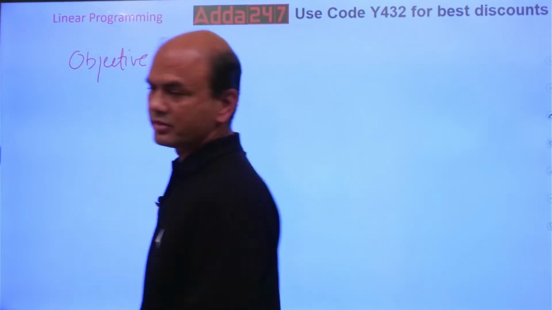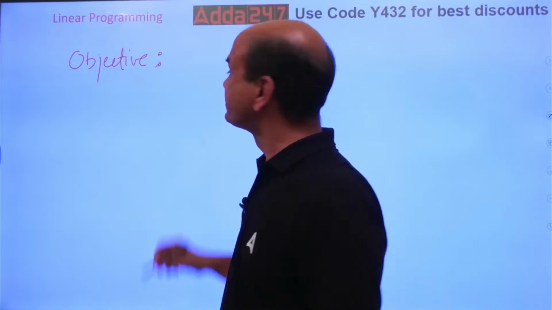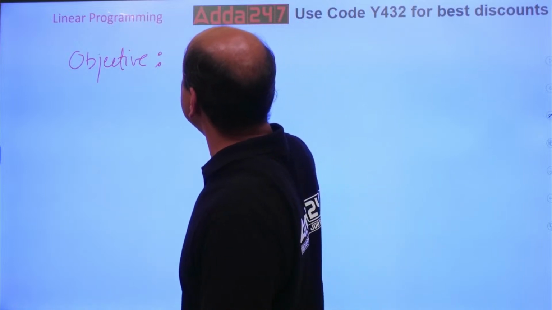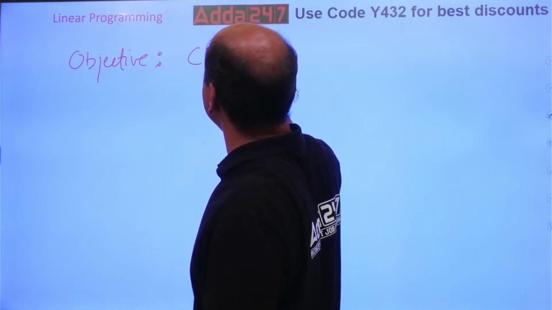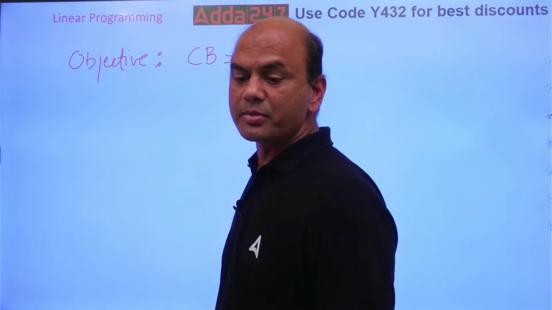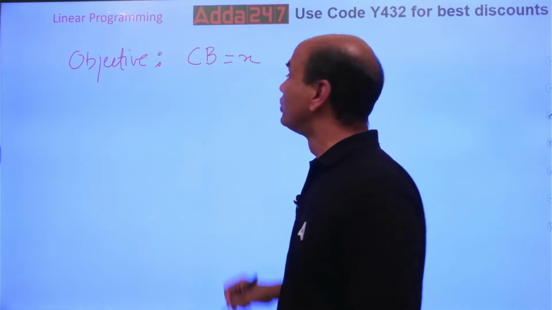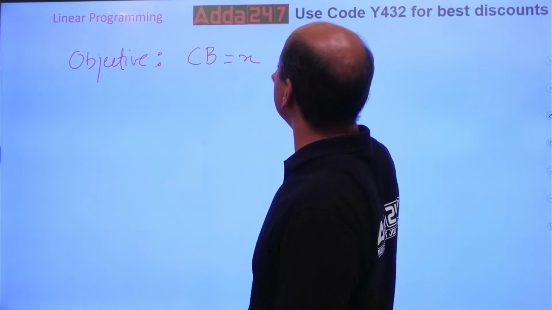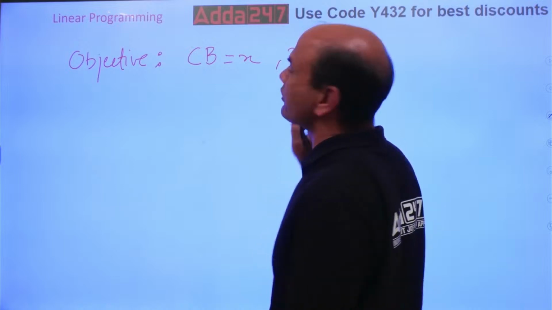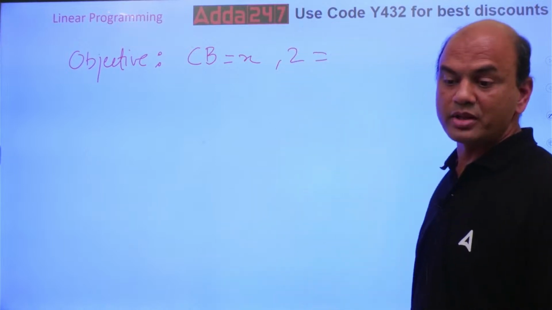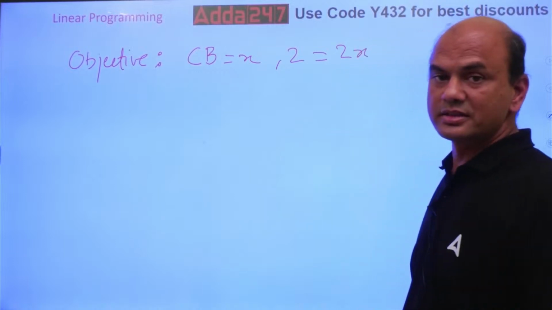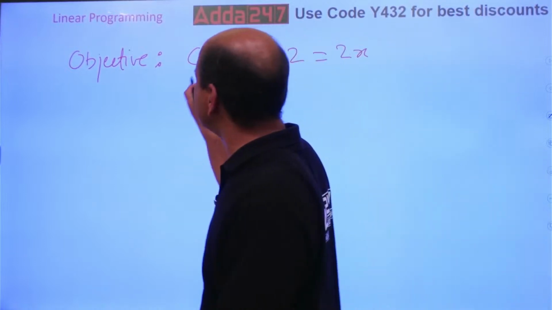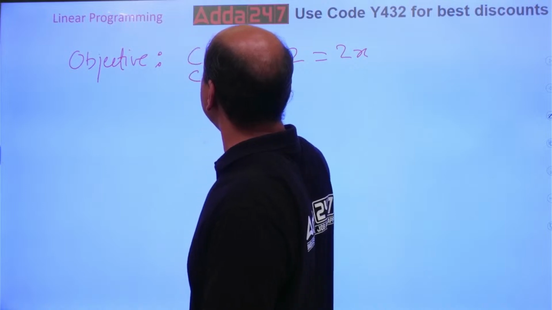Everyone, focus on this, the objective. Cricket bat, I'll just write CB. How many am I manufacturing? X. What is the profit on each cricket bat? 2. So what is my total profit? 2x. Now chess set, CS. How many am I manufacturing?